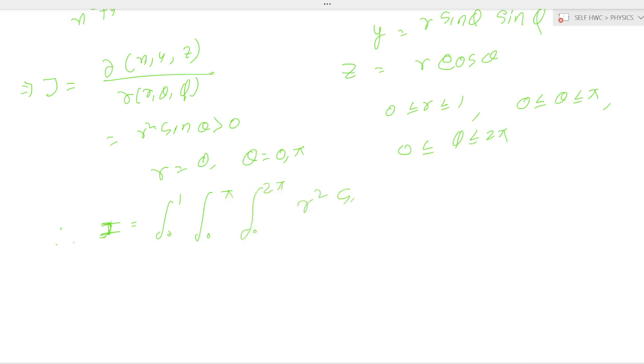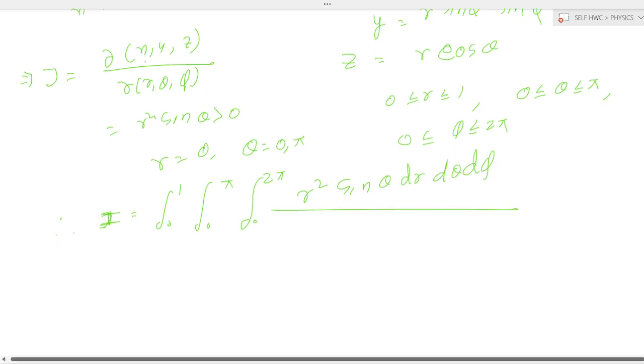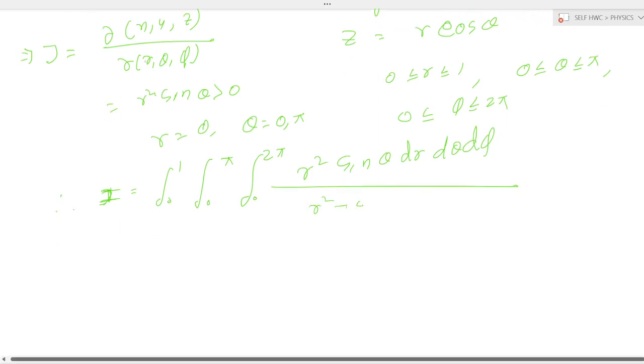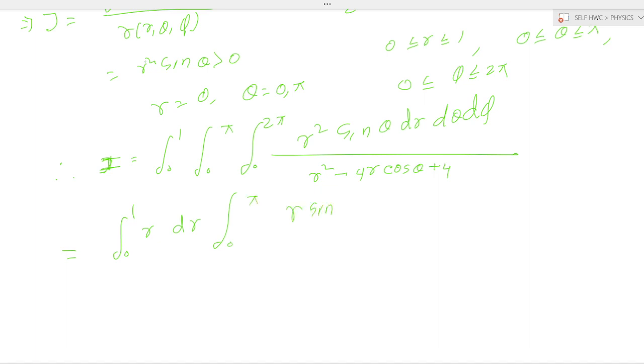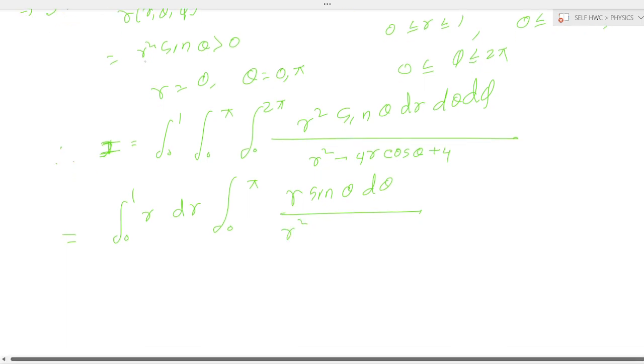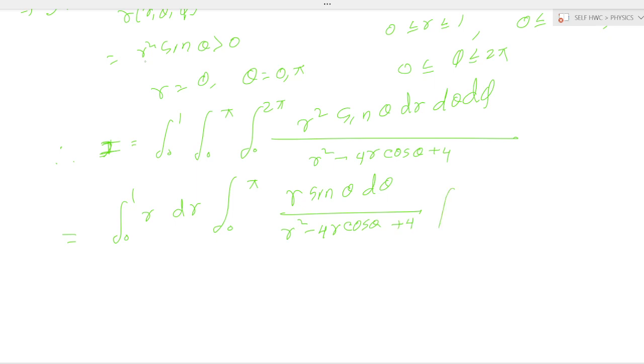So I is the integral of r² sin theta dr d theta d phi over (r² − 4r cos theta + 4), which is the integral from 0 to 1 of r dr, times the integral from 0 to pi of r sin theta d theta over (r² − 4r cos theta + 4), times the integral from 0 to 2 pi.